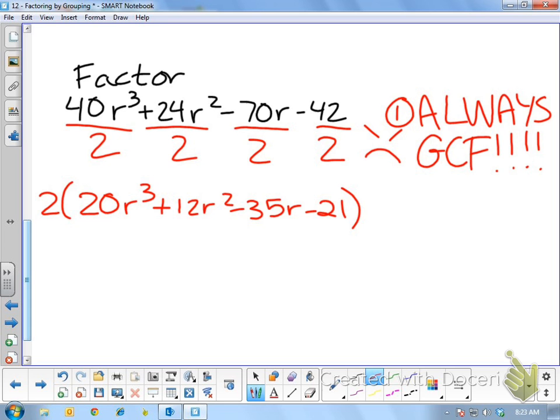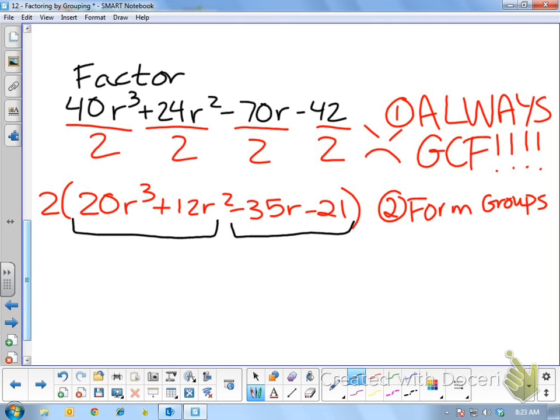Okay? When we factor by grouping, then we need to form some groups. The groups will always be the same. We always take the first 2 as one group, the second 2 as our last group.